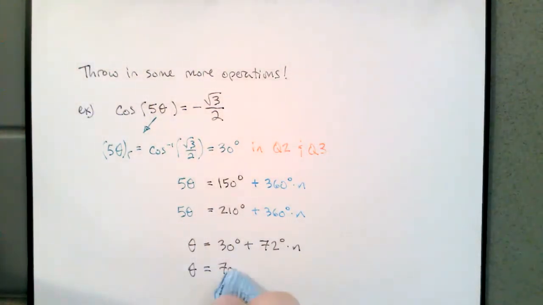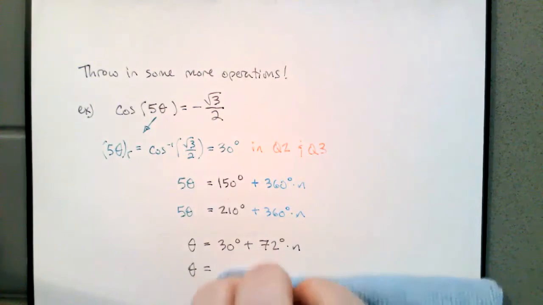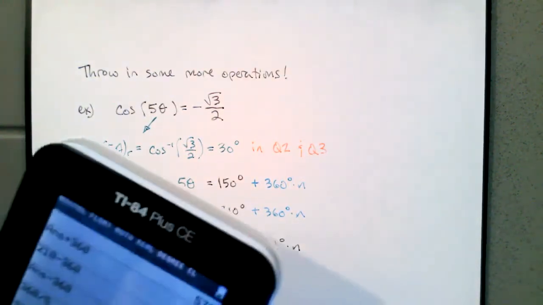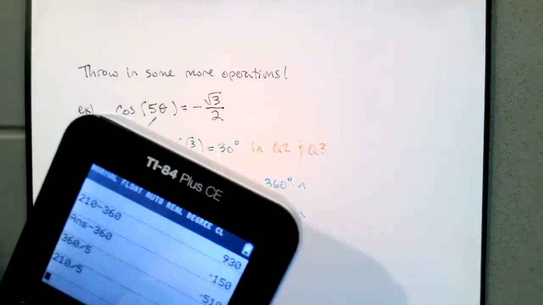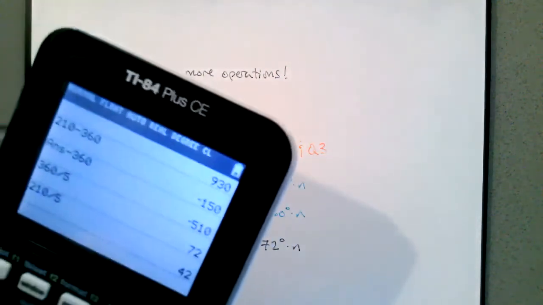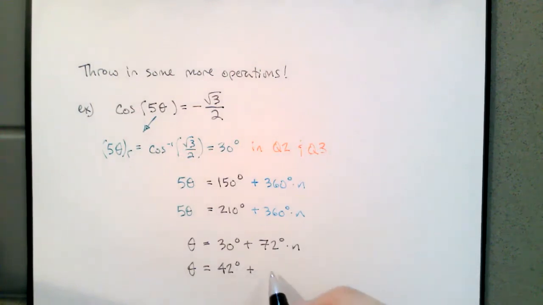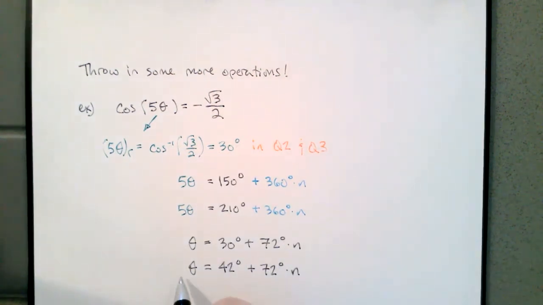What am I thinking of? How did I come up with 70? That's weird. 40. I totally know that 210 divided by 5 is 42. I did need to use a calculator. So 210 divided by 5 is 42. Thank you. Also, someone told me. And then 360 divided by 5 is still 72, where n is any integer.